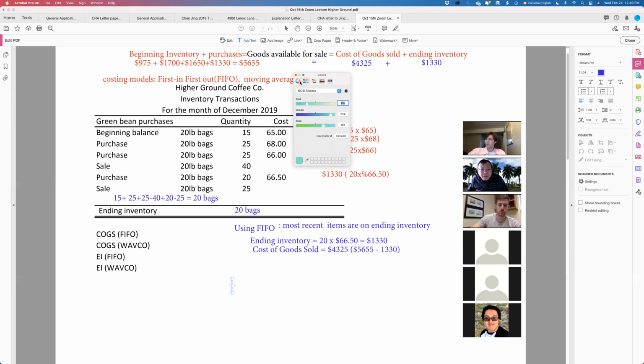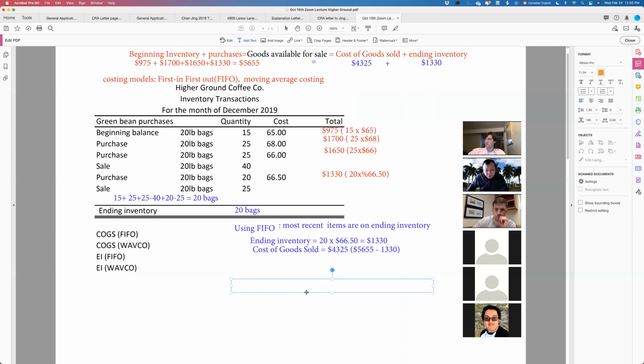I need to find a better color. Maybe green, I will use green. Oh, this is hard to see, right? Are you able to see it, or do you want a different color? Okay, that should be better.